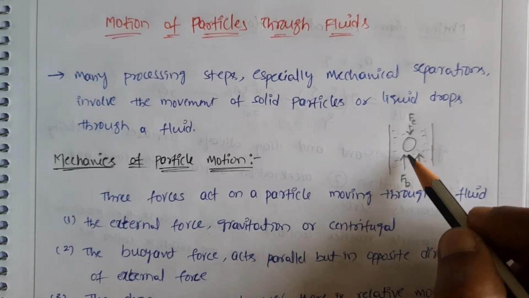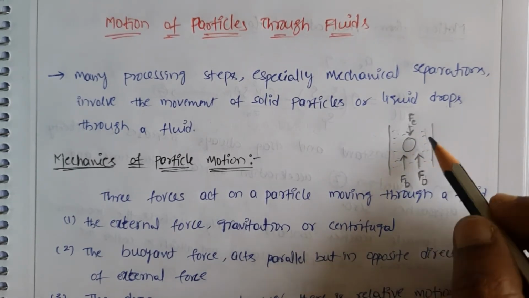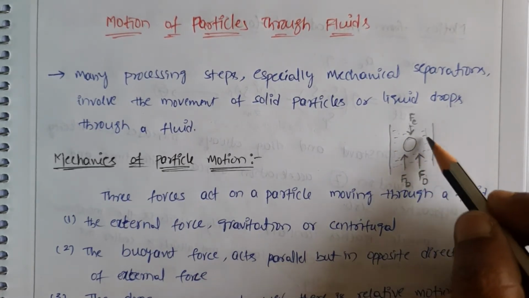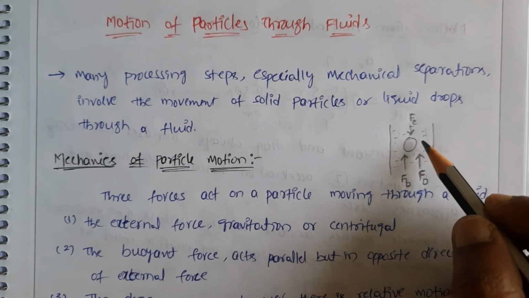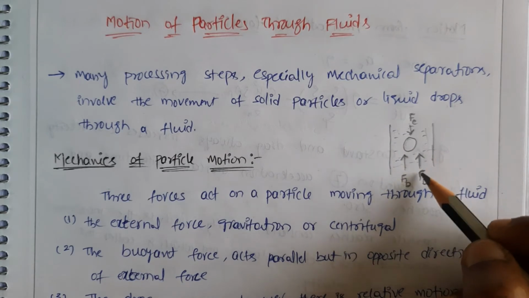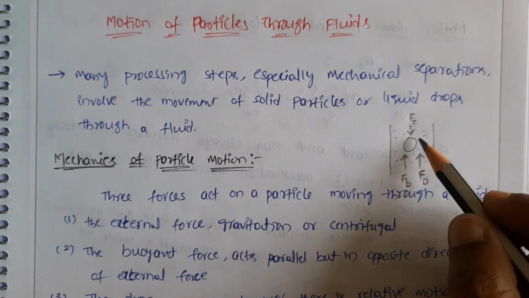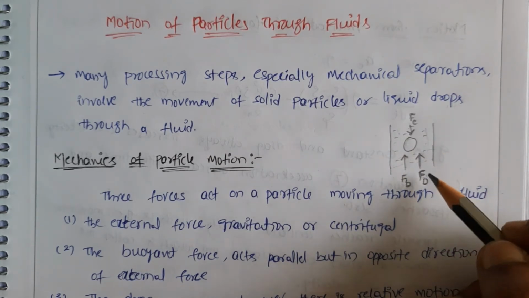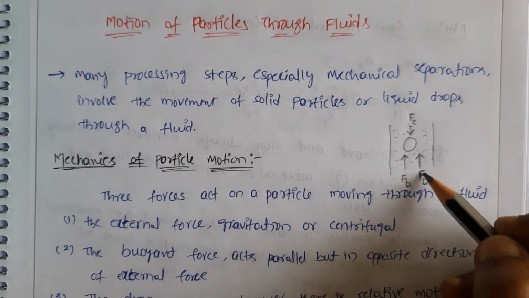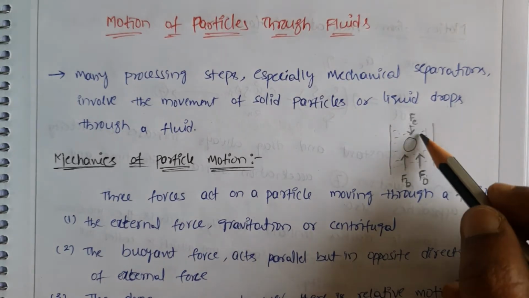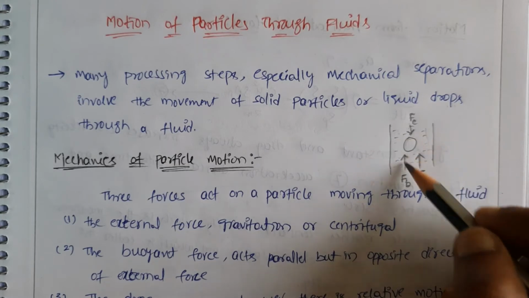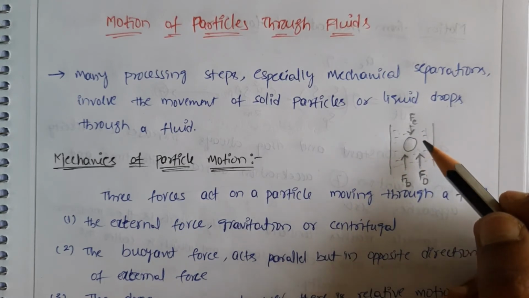In such cases, we have to resolve it into components, and solving such problems becomes very complicated. So we are assuming that the drag force also acts parallel to the external force. In such cases, it is a treatment of one dimensional motion.